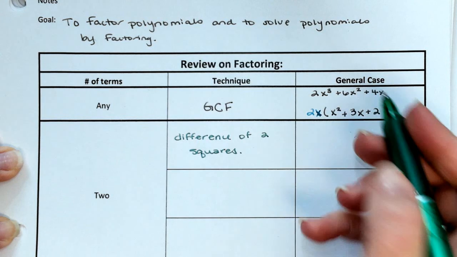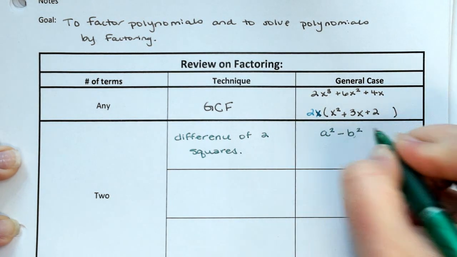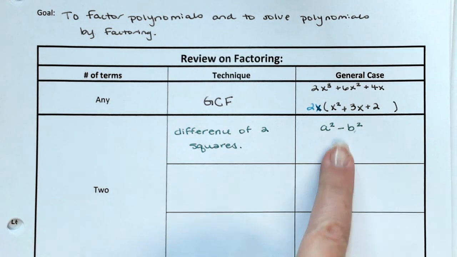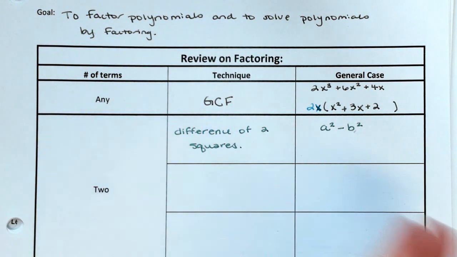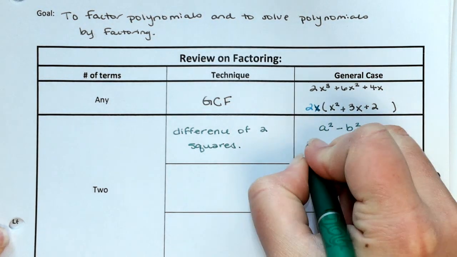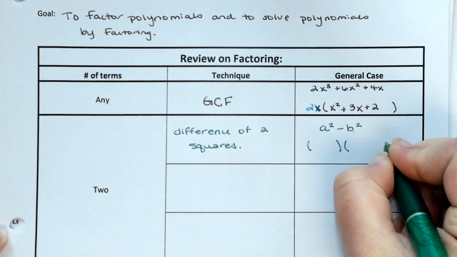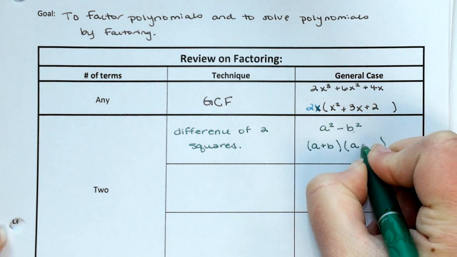If I had a squared minus b squared, it is a difference because it's subtraction. Okay? This is the general case, so I'm just putting variables there. I'll show you an actual example on the board in just a minute. If I factor this, it will factor to a plus b times a minus b.